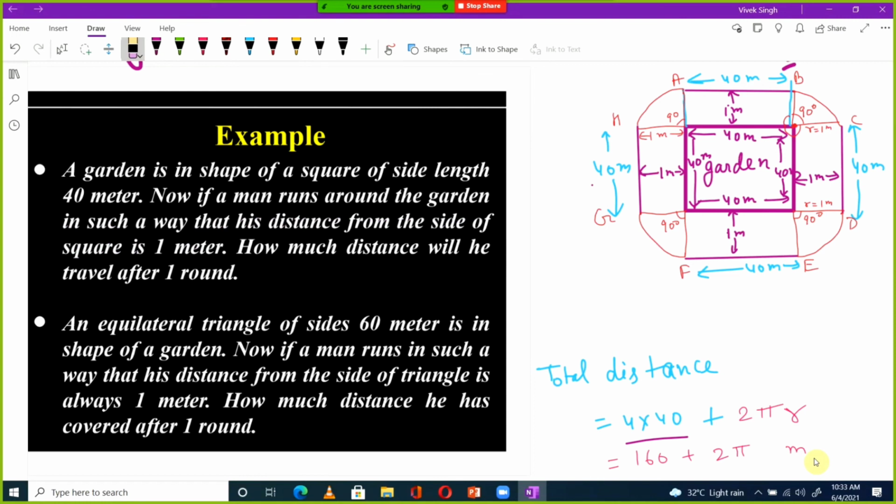It means you have to add that circular path. This 2 pi r is the circular arc length, or you can say perimeter.